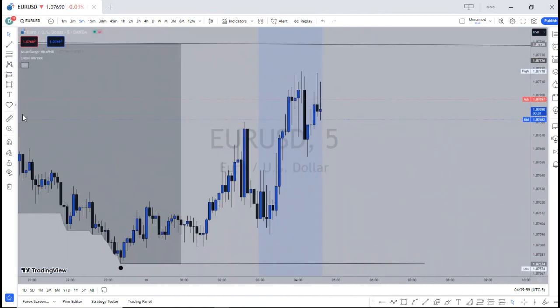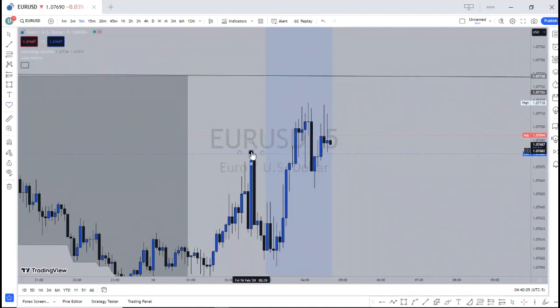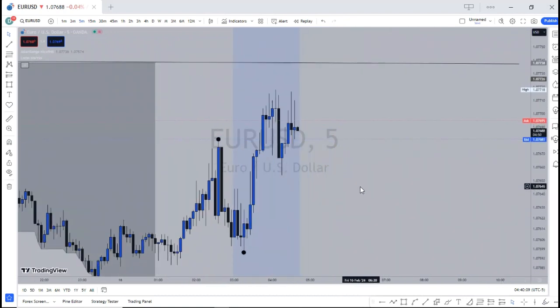So London Open occurred, and we are now having a swing, a higher high, higher low on the 5 minutes time frame.